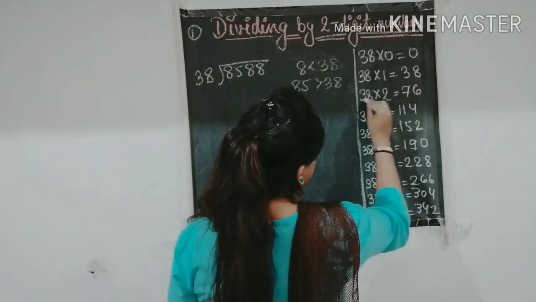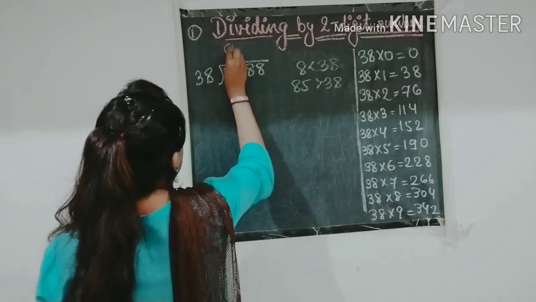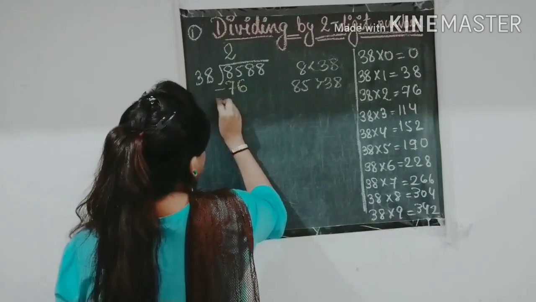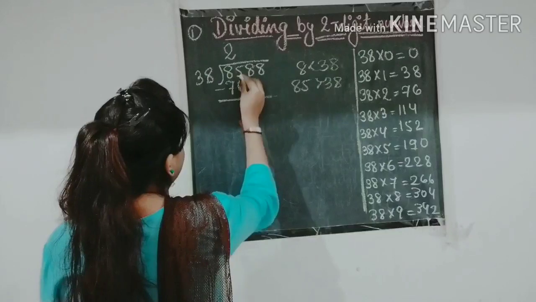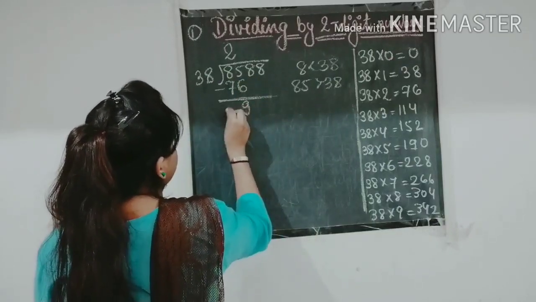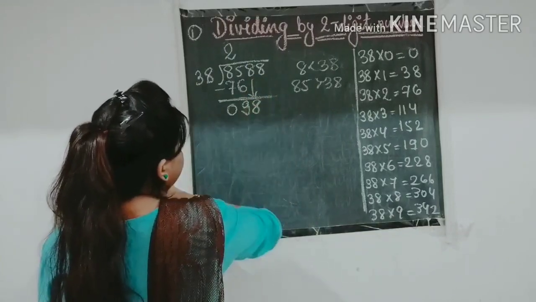We have 38 into 2 is 76. That means 38 2s are 76. We can subtract it. So when you subtract 85 minus 76, you will get 9 and this will become 0. Now bring 8 down.